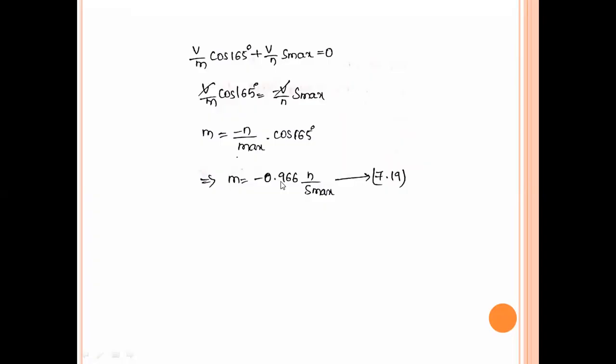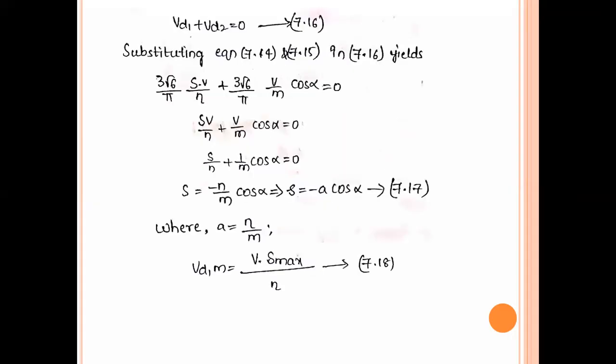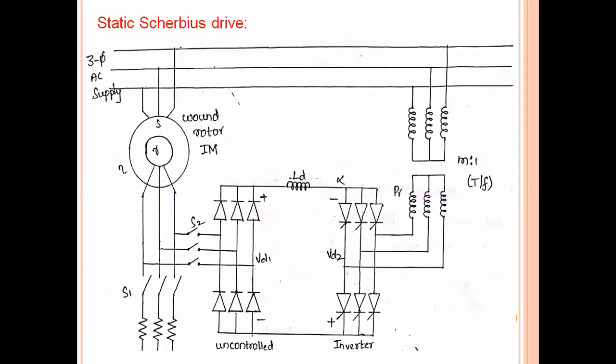Such a choice of M ensures inverter operation at the highest firing angle at the lowest motor speed, which gives the highest power factor also. That means the reactive power for this operation will also go down. So the power factor can be improved by this choice of M.